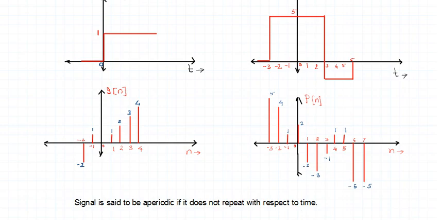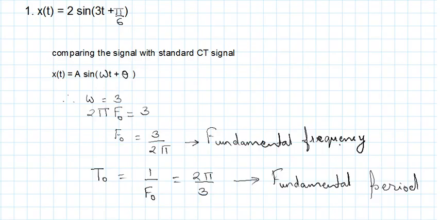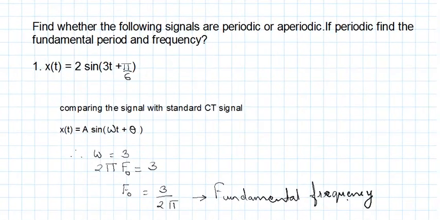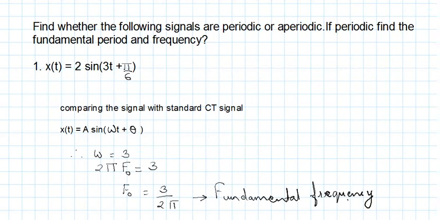So with this background of periodic and aperiodic signals, let us try to solve certain examples. Look at the very first example, and at the way the statement is asked to us. The problem says: find whether the following signals are periodic or aperiodic.